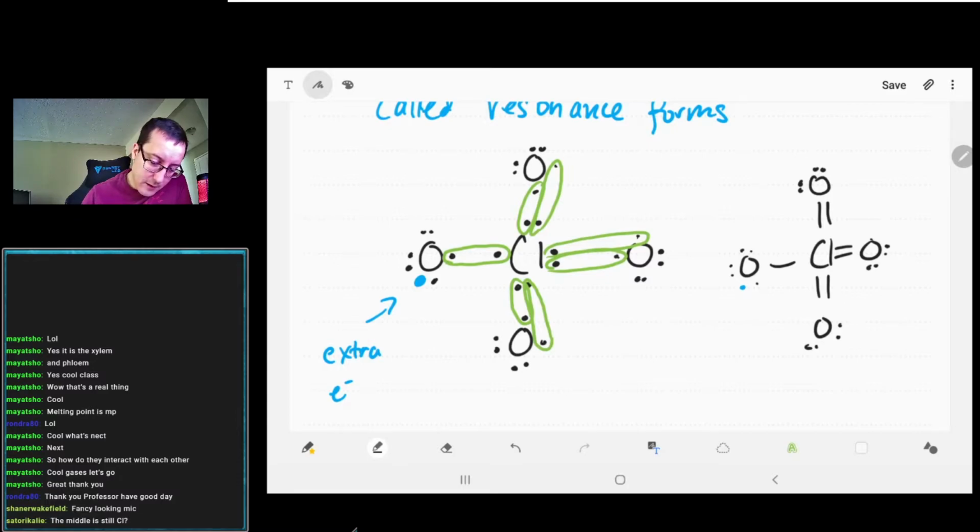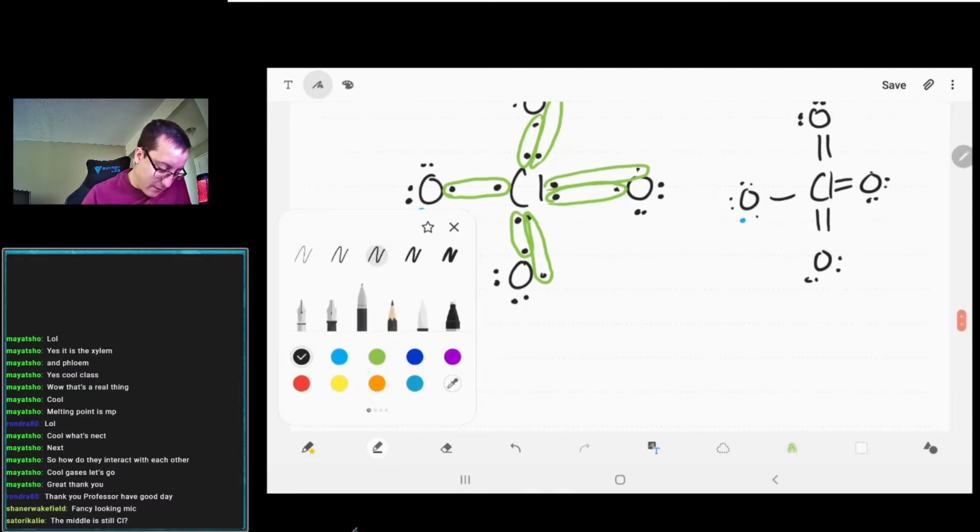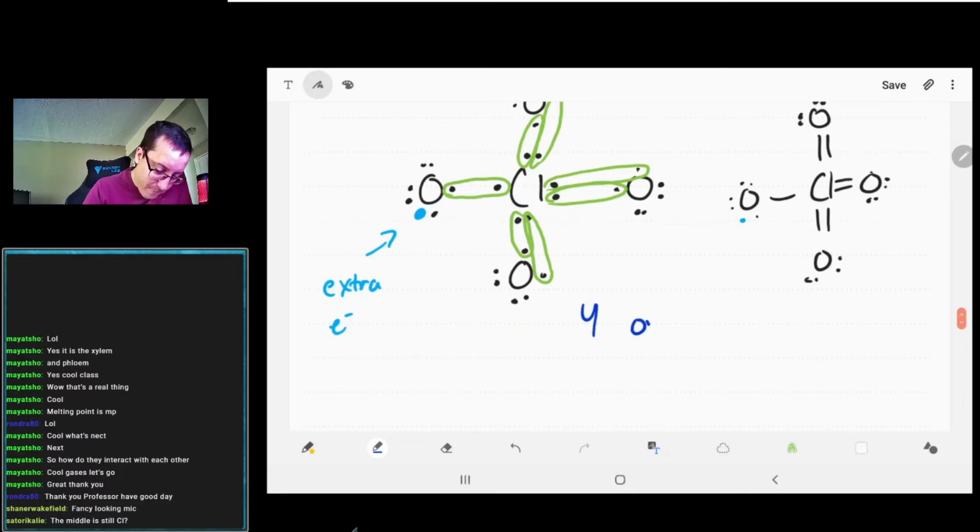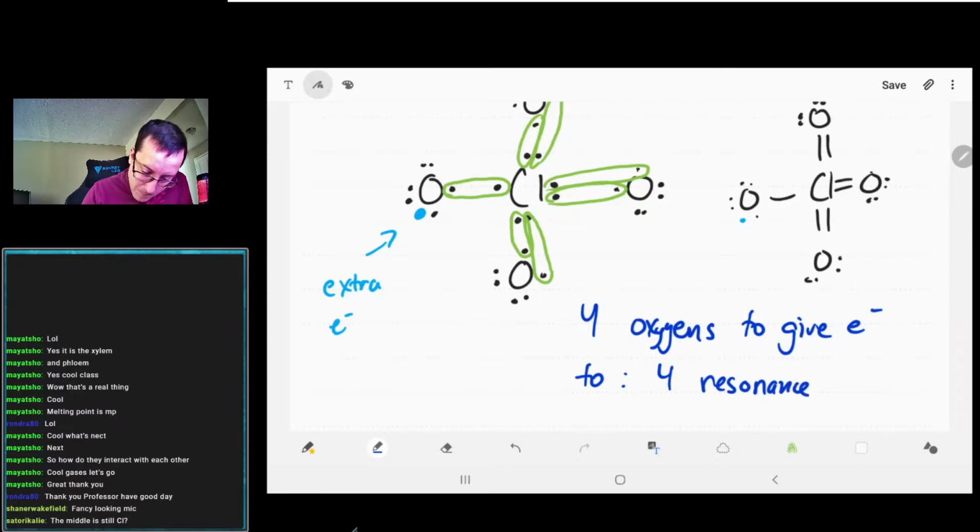Okay, so looking at this, again, we could have given that electron to any of the 4 oxygens, and whichever one we gave it to, that would be the single bonded one. And so that's how we would get our resonance forms from there as well. So we have 4 potential oxygens to give the electron to, and so we would have 4 potential resonance structures from that.